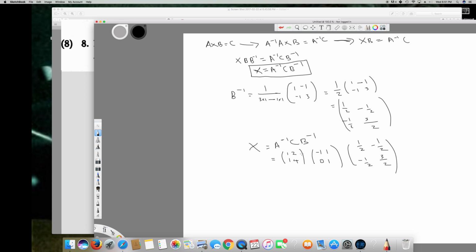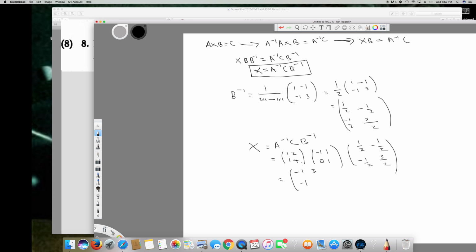So first row, first column: 1 times -1, 2 times 0, is going to be -1. Then first row, second column: 1 times 1 is 1, 2 times 1 is 2, so it's going to be 3. Second row, first column: 1 times -1 is -1, 4 times 0 is 0, so it's -1.